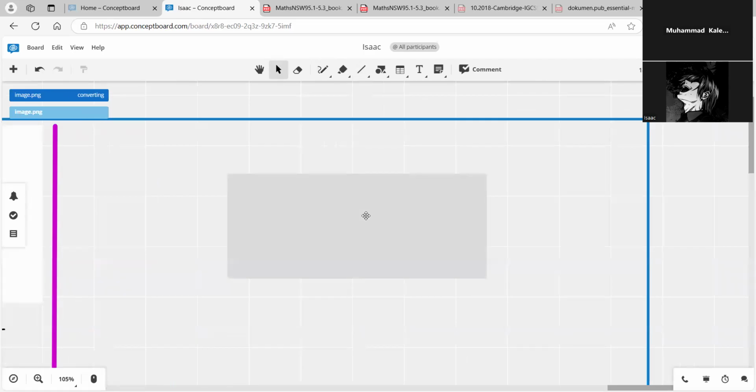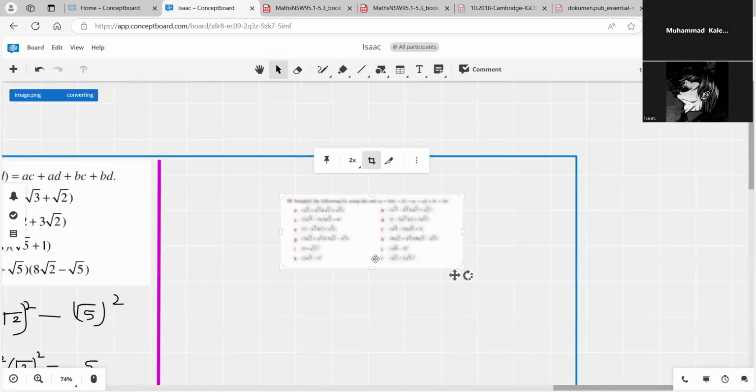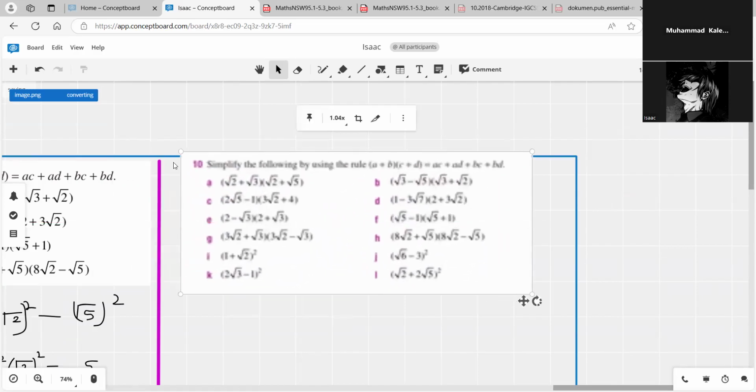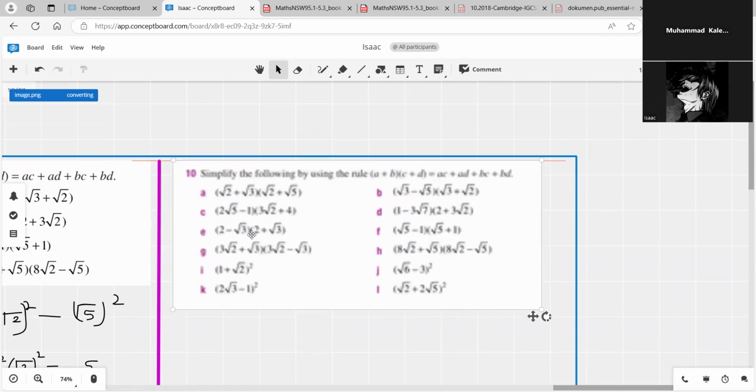Here it is. Try to solve its K part, not the last one, the K part.